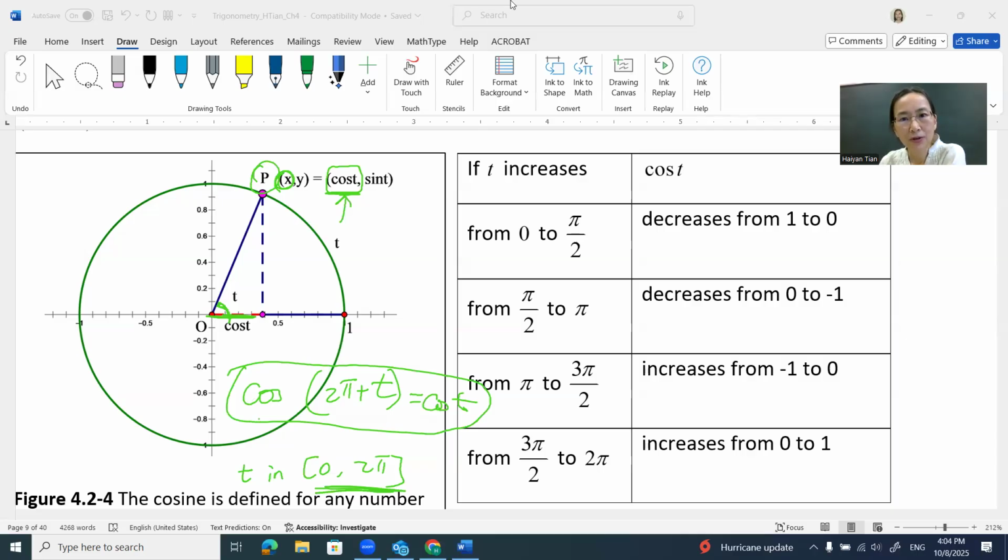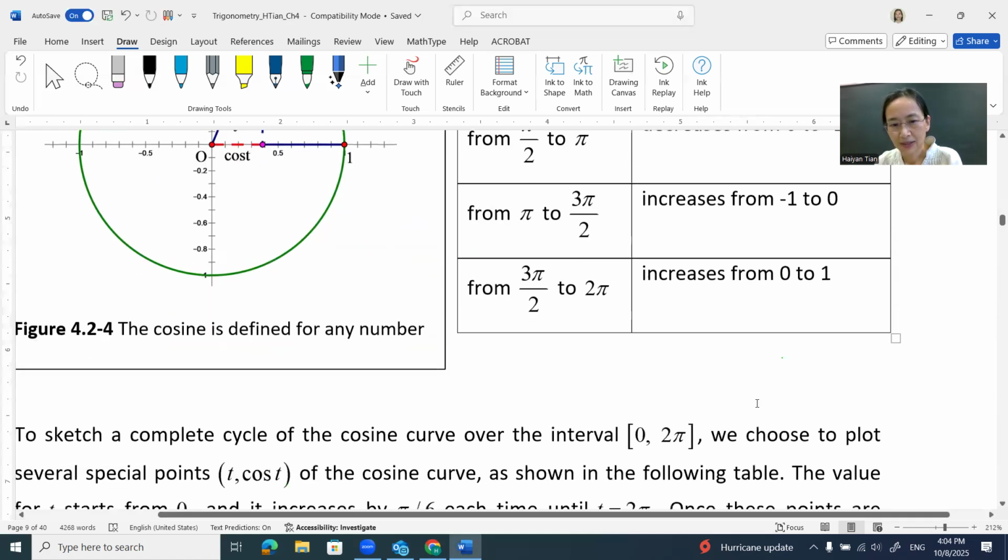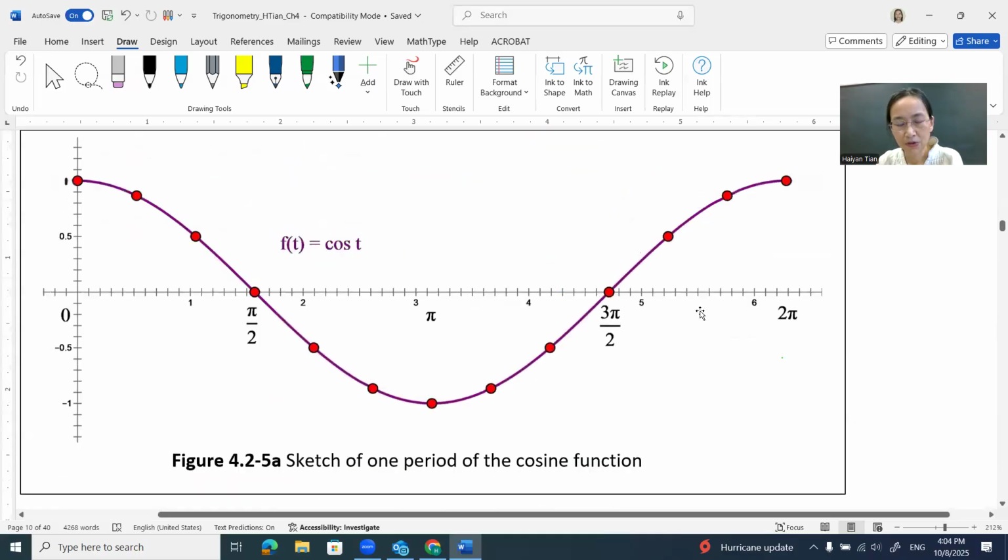So now we are ready to take a look at the basic cosine curve. Once you remember it, it decreases first. So let's look at the plot of those points.